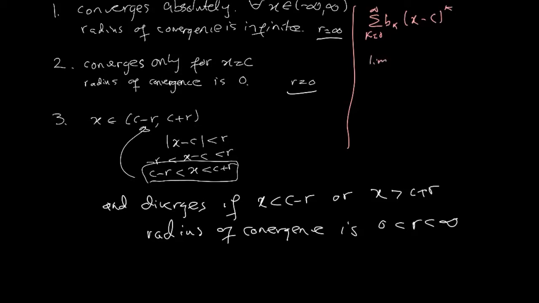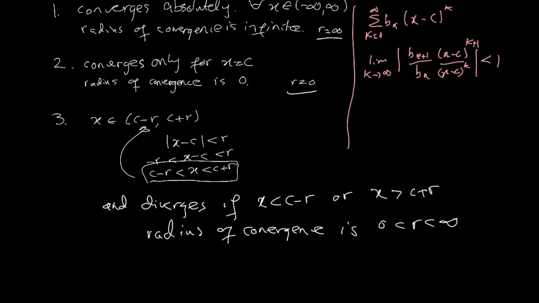So you're talking about the limit as k goes to infinity of the absolute value of b_(k+1) over b_k, and you'll have here (x minus c)^(k+1) over (x minus c)^k, and this absolute value is supposed to be less than 1.